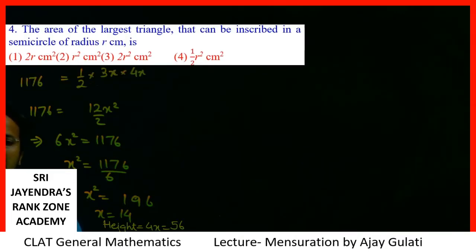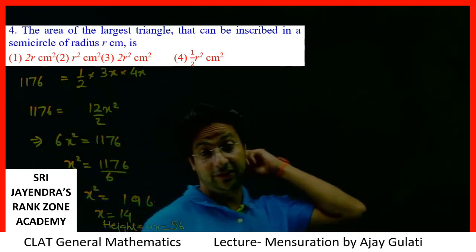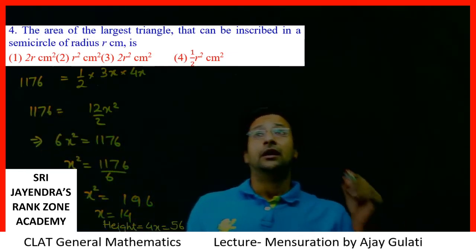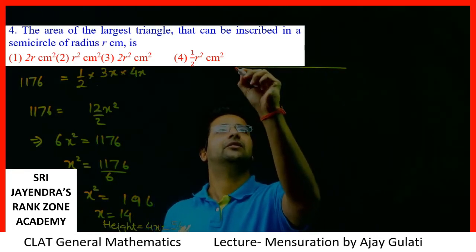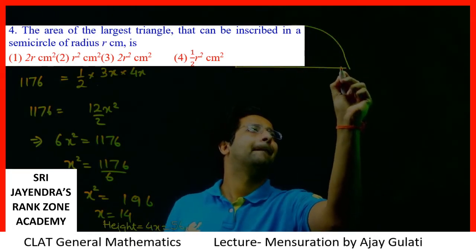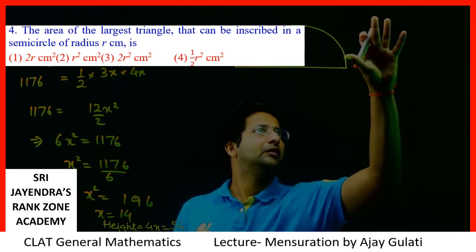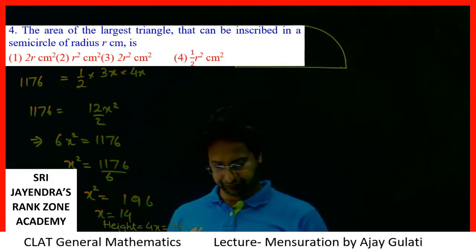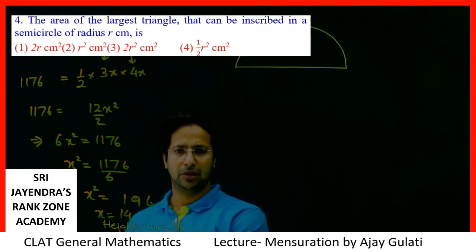The area of the largest triangle that can be inscribed in a semicircle of radius r centimeter is, what do we have? This is a semicircle. Okay. Fine, students. You have read the question.